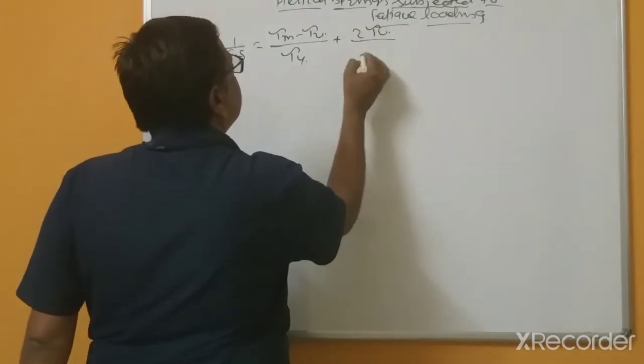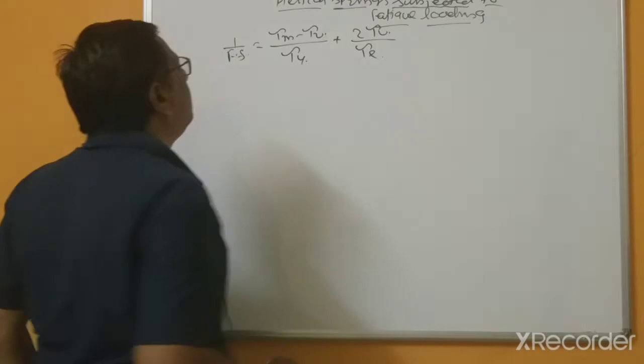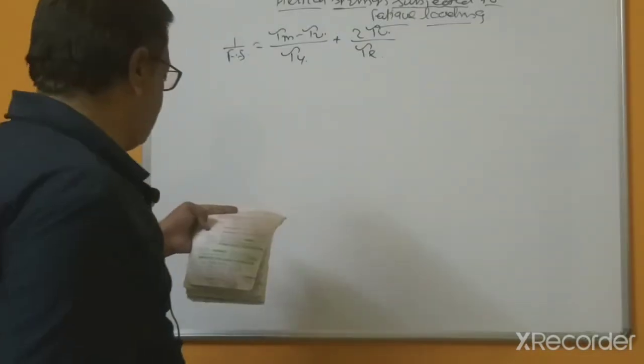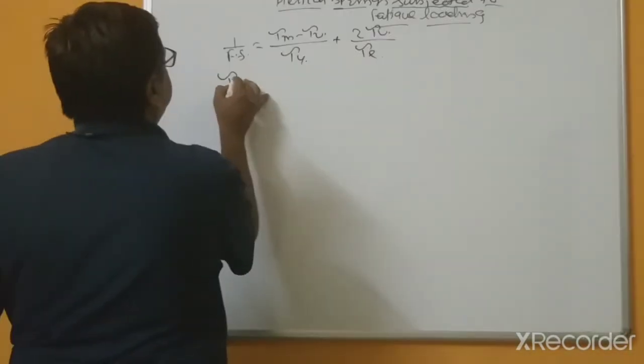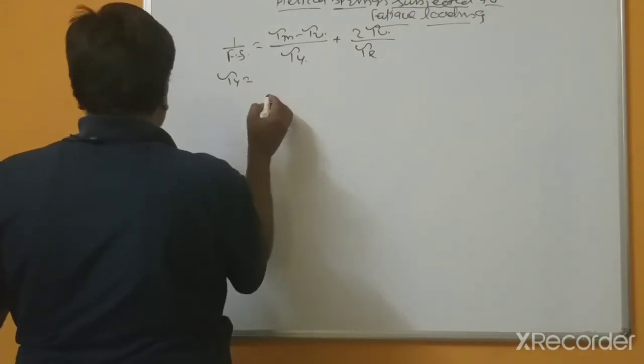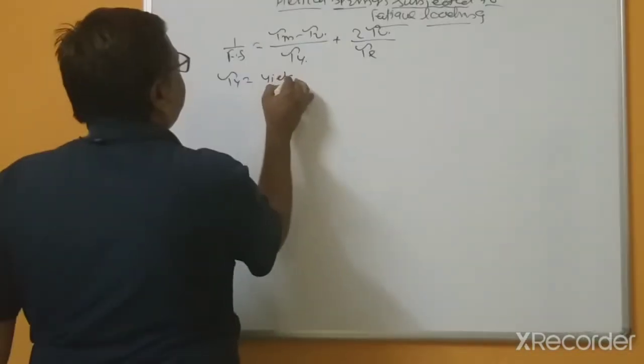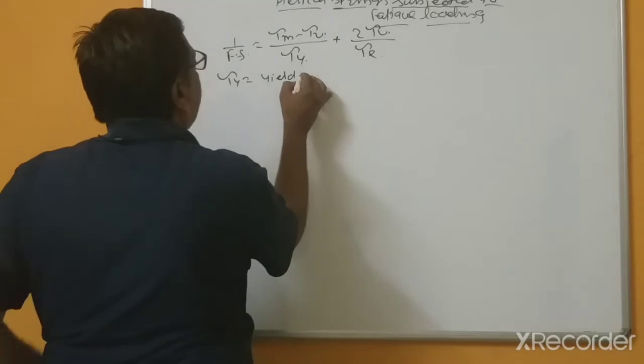Tau v is the shear stress induced, and tau y is the yield point in shear.